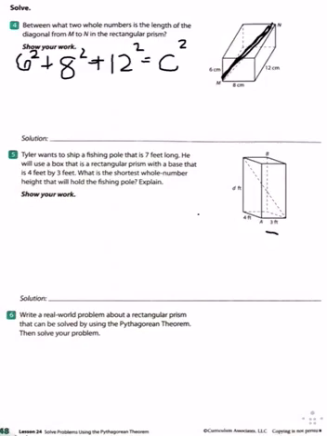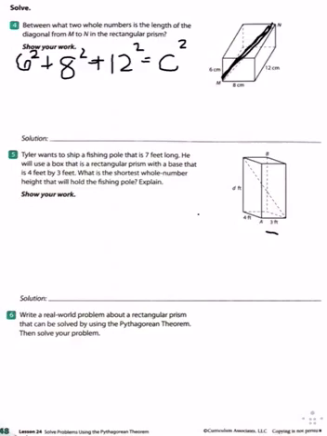You add up all of our numbers, 36, 64, and 144, and you get 244. The square root of 244 is between 15 and 16. So that would be between 15 and 16 centimeters long.